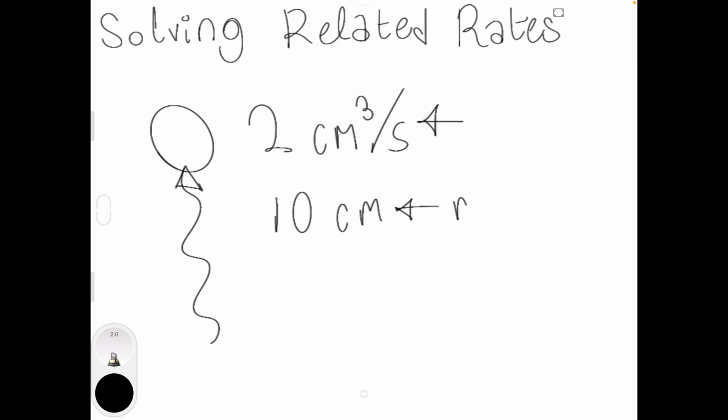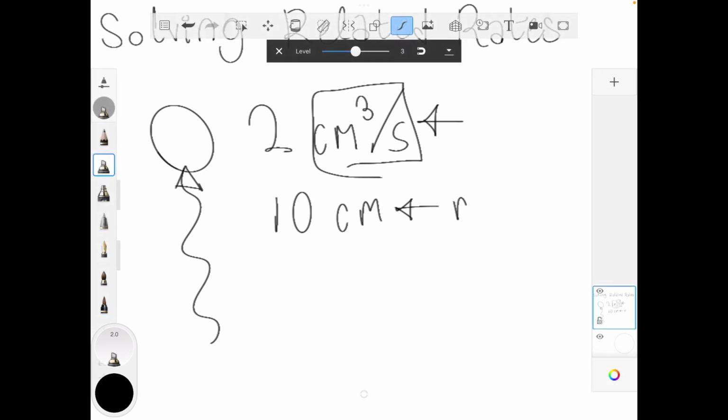That 2 centimeters cubed per second, it doesn't tell you exactly what it is, but you can approach it two ways. You can do it logically. You're blowing up a balloon, and because of that, the air inside is increasing, so it has to be volume. Or just looking at the unit, that's centimeters cubed per second.